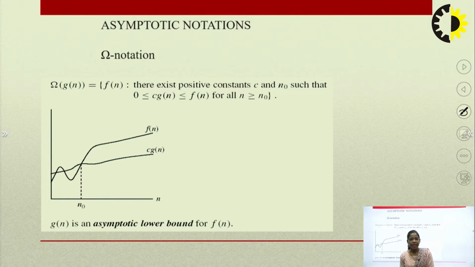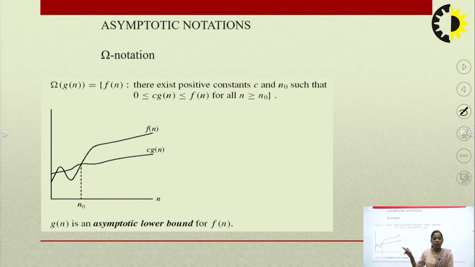The next asymptotic notation is big omega notation. The big omega notation is defined as big omega of g(n) is equal to f(n) when there exists a positive constant c and n naught such that function c g(n) lies between 0 and function f(n) for all values of n greater than or equal to n naught.